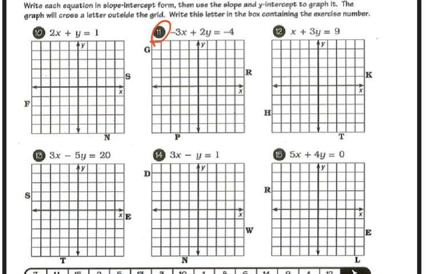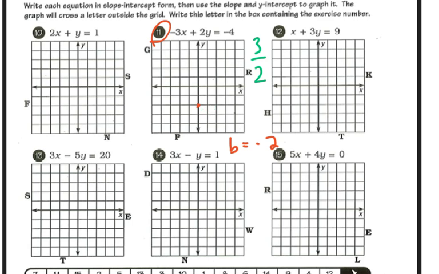So I'm back to the work page, and the first point was negative 2. So let's just write this here. Alright, so the slope is 3 over 2. So we're going to run 2 and rise 3. So let's go run 2.